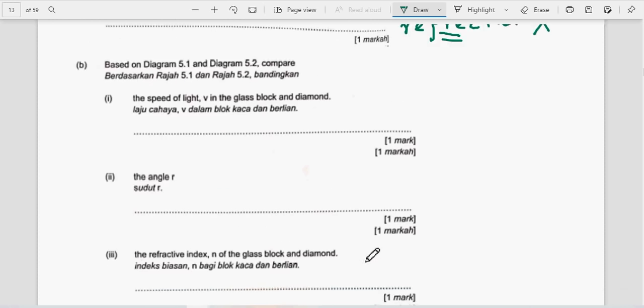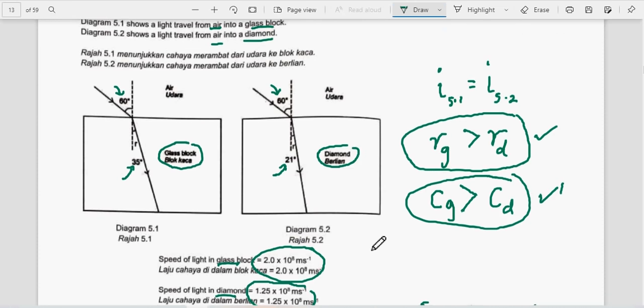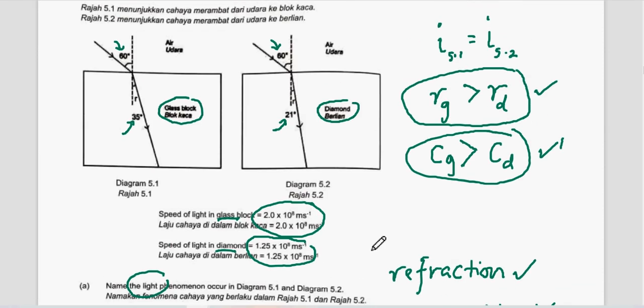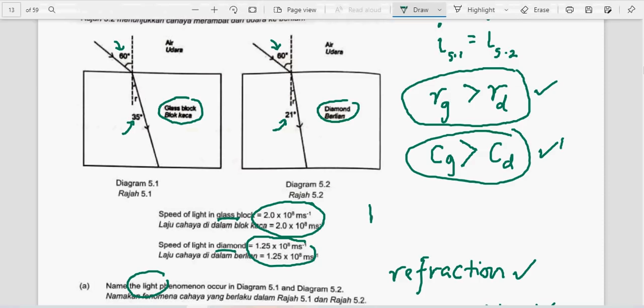Then the last one is about the refractive index. Is it given? Not given. So how do you know which one has the greater refractive index? The refractive index n is equal to the speed of light in vacuum divided by the speed of light in the medium. So if the refractive index is bigger, the speed of light in the medium will be smaller.